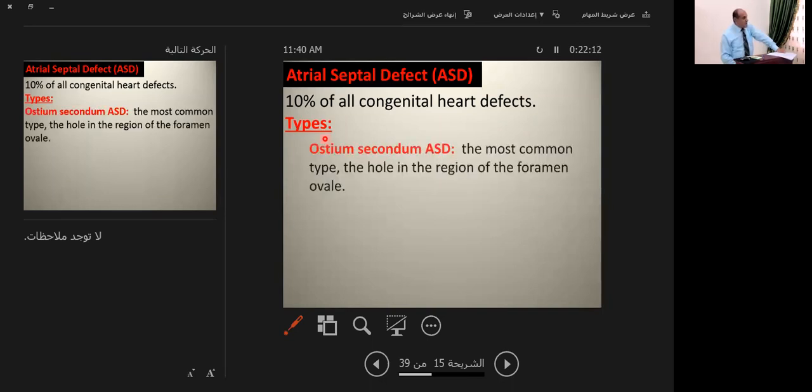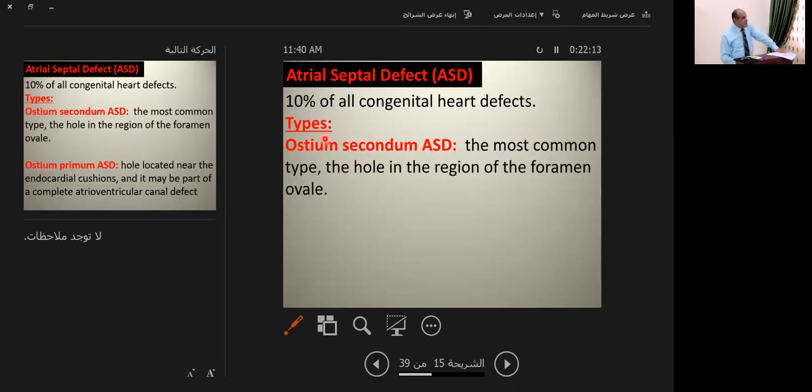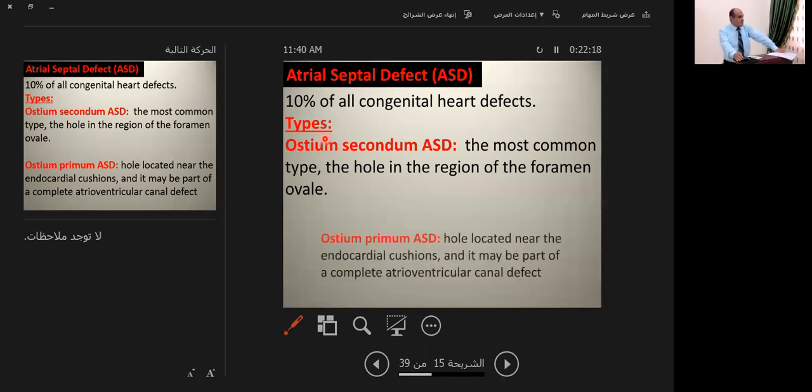Atrial septal defect represents 10% of all congenital heart defects. We have two types of ASD, atrial septal defect. Ostium secundum is the most common type.